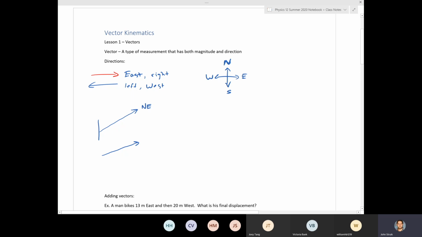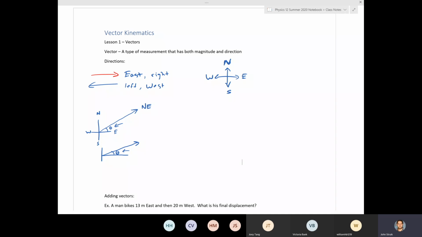So if you draw your northeast and southwest, and then draw an angle at either direction, I'm going to draw an angle right here, theta. I'm going to do the same thing right here, theta. Notice how this theta is bigger than this theta. It's more of an angle. It's closer to the north than it is to the east.